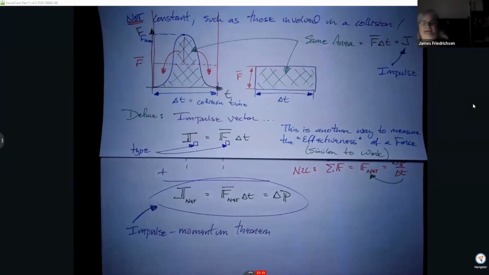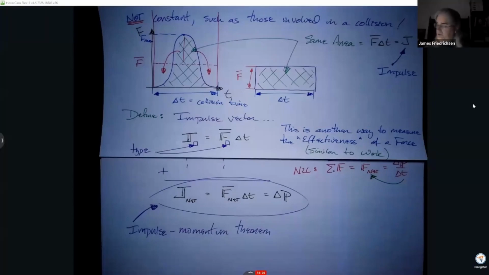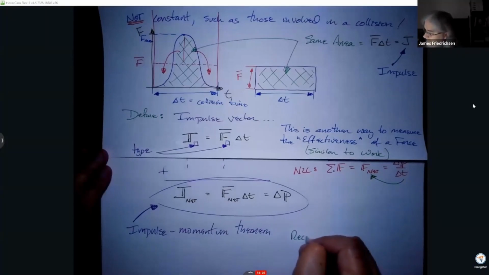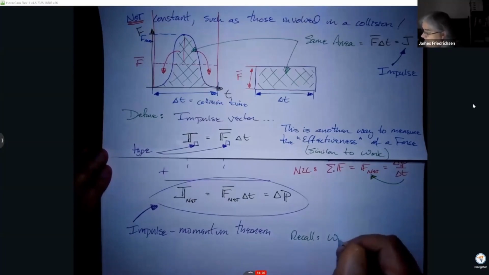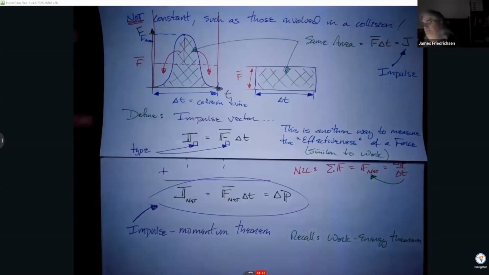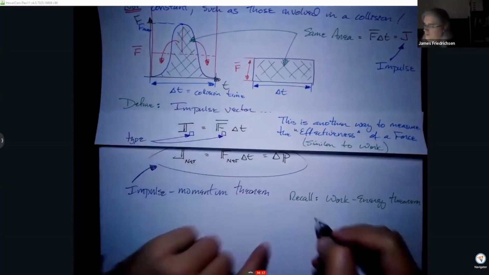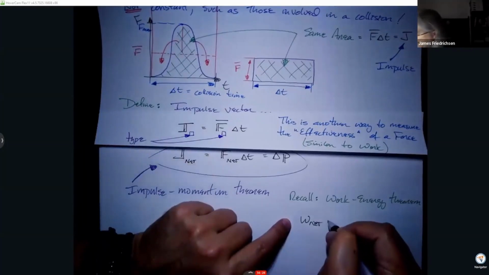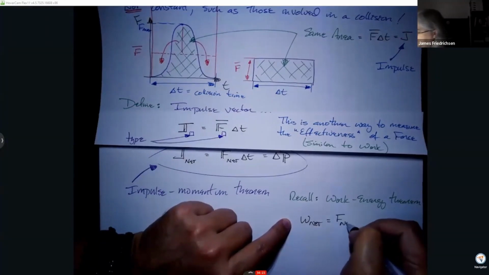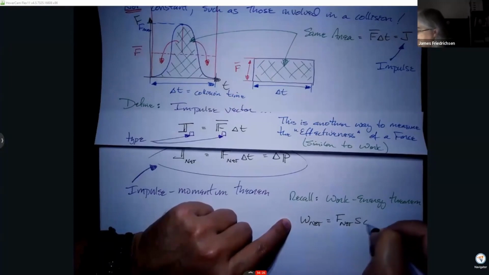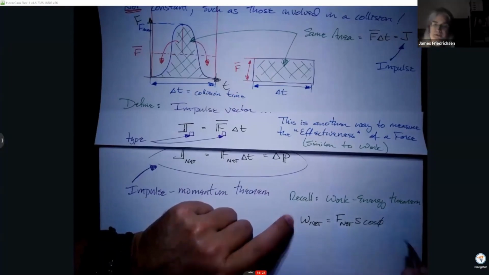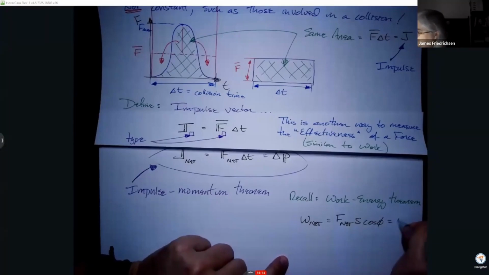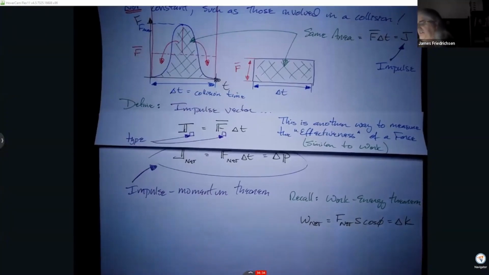Okay. And I had this idea that it's very similar to what we got with the work energy theorem. So with our work energy theorem, we had that the net work was the magnitude of the net force times the magnitude of the displacement times the cosine of the angle between the two when we place them tail to tail, which gave us the change in kinetic energy of the object.